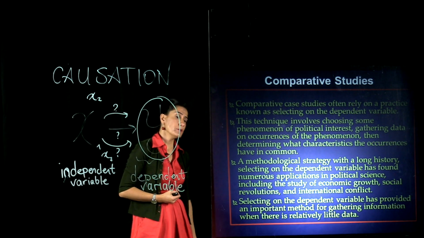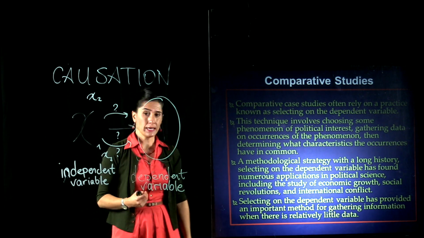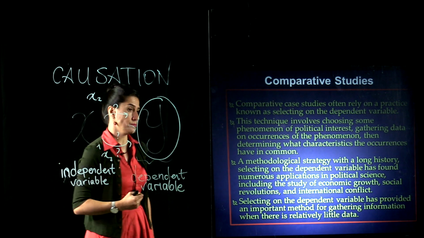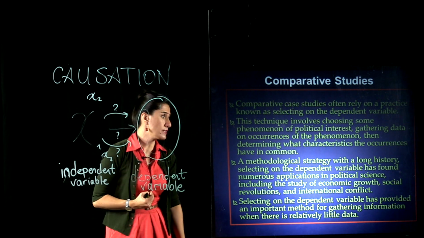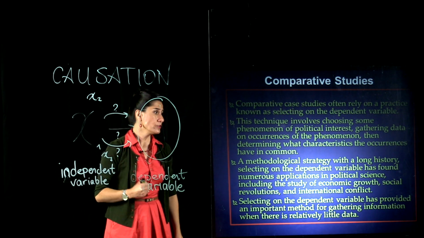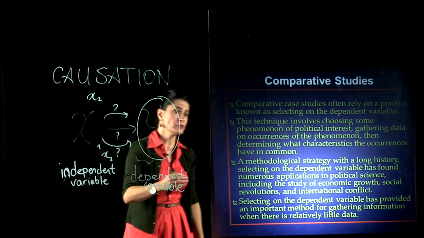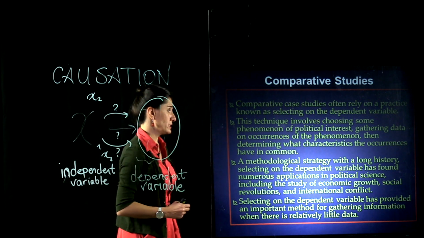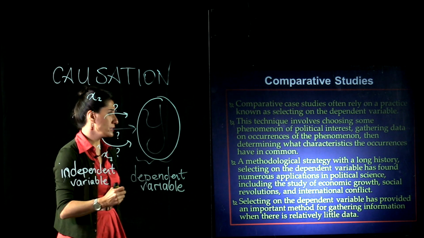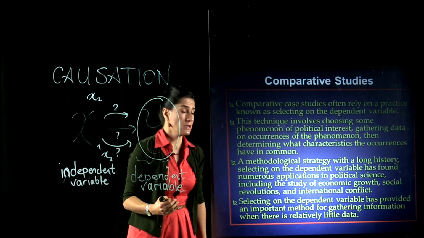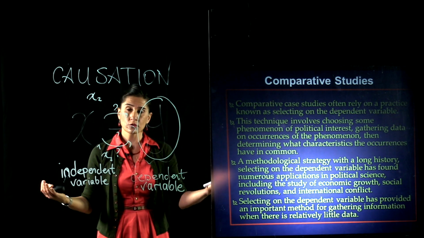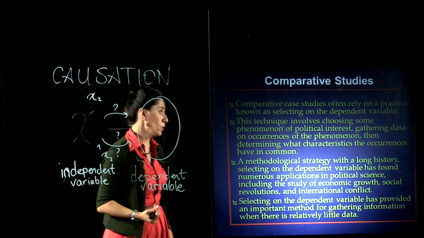It is a methodological strategy with a long history. Selecting on the dependent variable has found numerous applications in political science, including the study of economic growth, social revolutions, and international conflicts such as war.